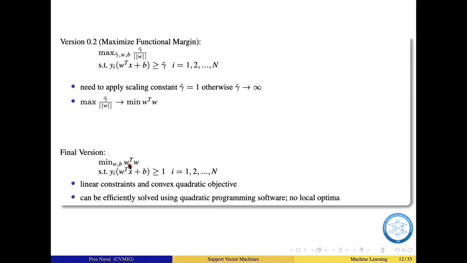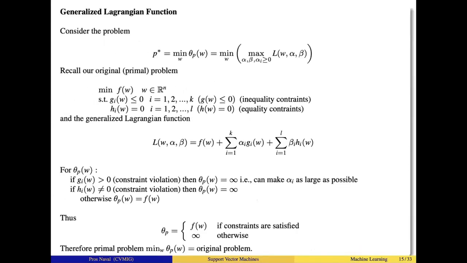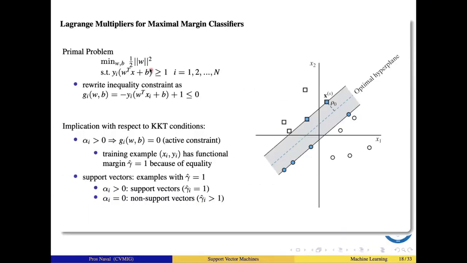Remember this, w transpose w, and then this constraint greater than or equal to 1. w transpose w is the norm squared. Now there's a 1/2 here, but you can multiply that by any constant, so let's put 1/2 here. You'll see later on why you need a 1/2.